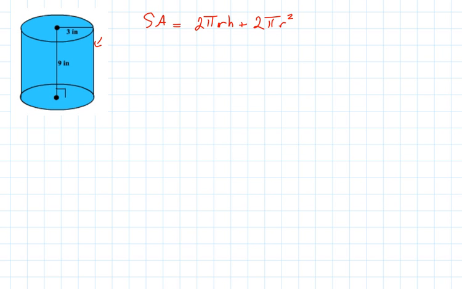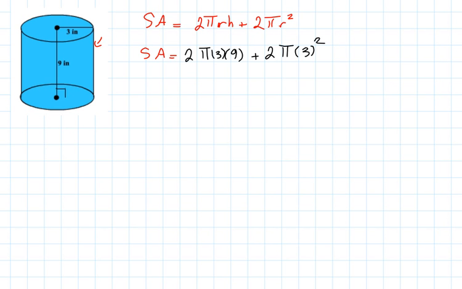So for this cylinder, the surface area would be 2 times pi times r, which is 3, times 9, plus 2 times pi times 3 squared.